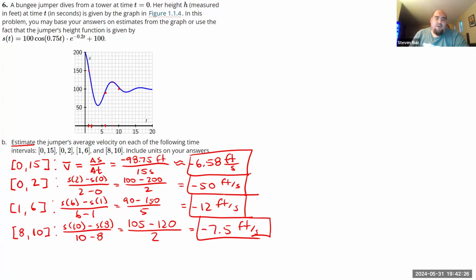And hopefully that makes some intuitive sense, because if you think about when someone bungee jumps, they're under free fall for the first part of their journey. So for the first 2 seconds, it looks like it's basically just gravity. So her speed is increasing. She's losing quite a bit of position over a relatively short period of time.